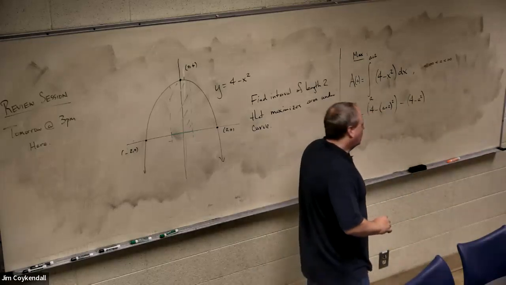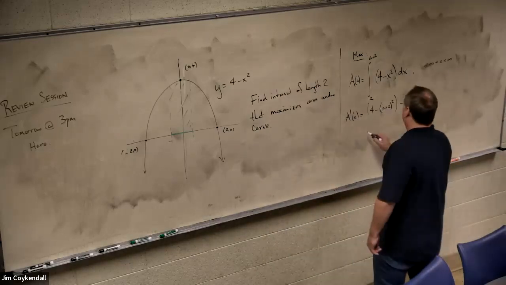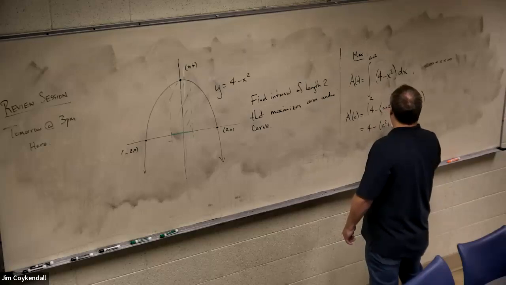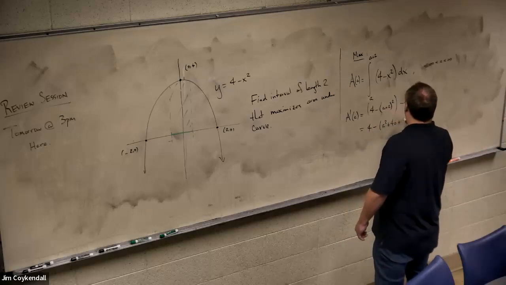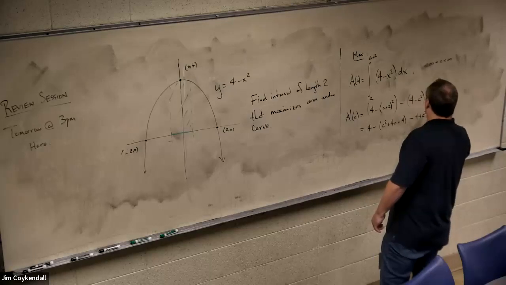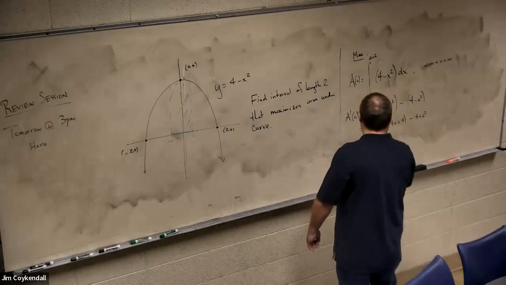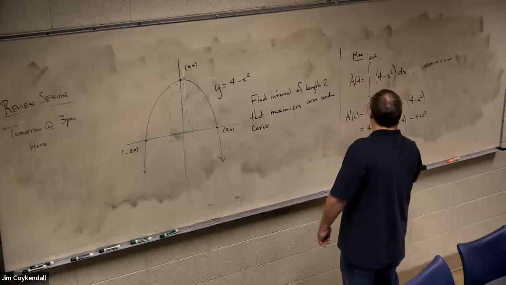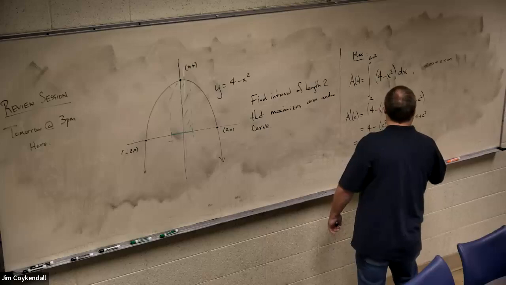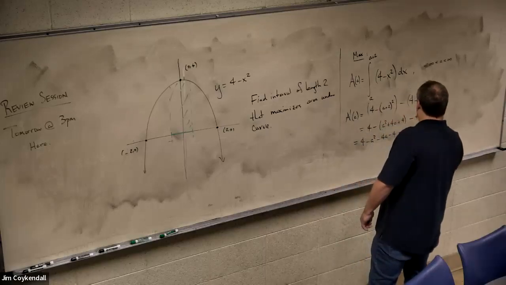Let's see what this derivative works out to. This is 4 minus (a plus 2) squared, minus 4 minus a squared. Expanding, this is 4 minus a squared minus 4a minus 4, minus 4 plus a squared.